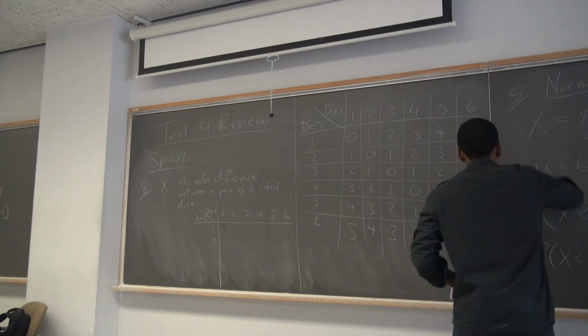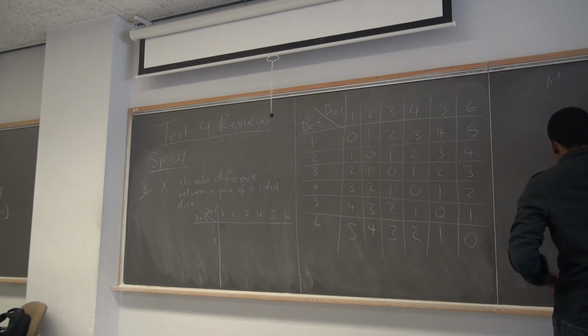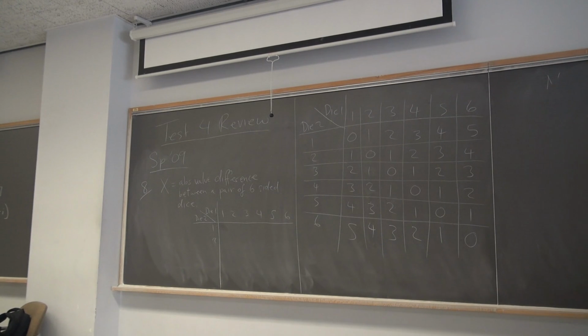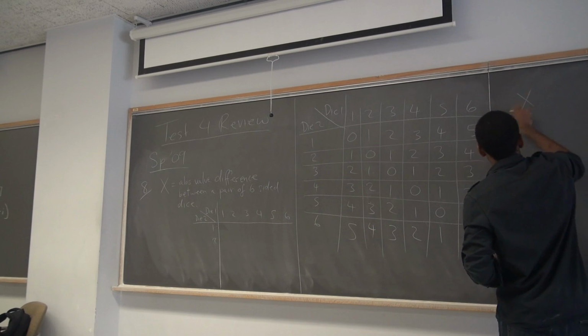Okay, so remember what the probability distribution is. It's just the set of possible values for x and their probability, and you put this in a table. So what are the set of possible values for x?